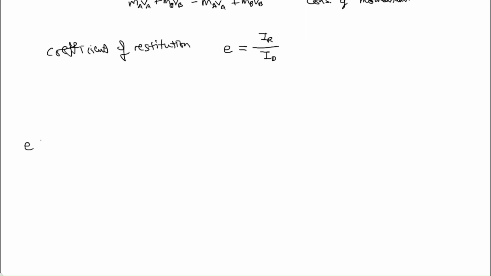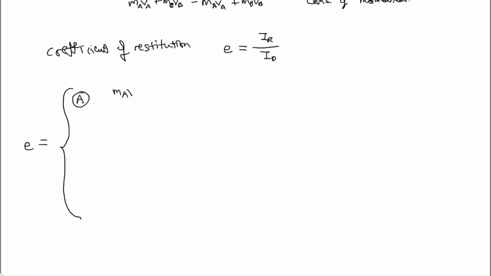So E equals, if we think about this in terms of object A, the restitution impulse for object A from up above, you need to go back earlier in the video to see where I'm getting this from.